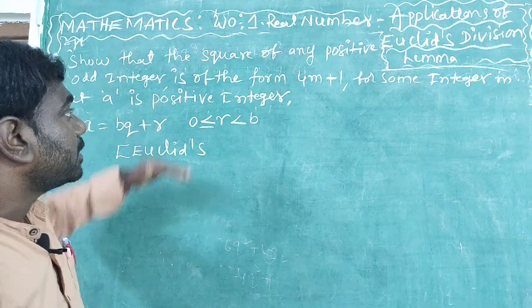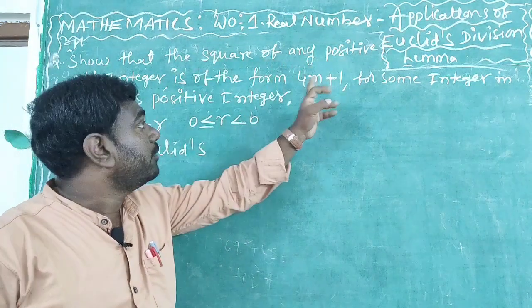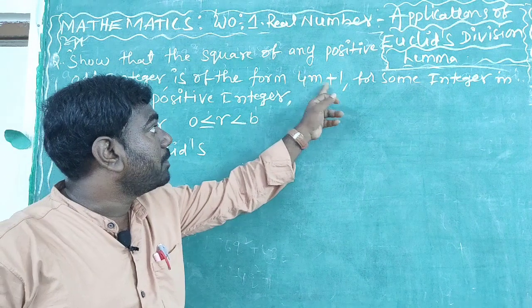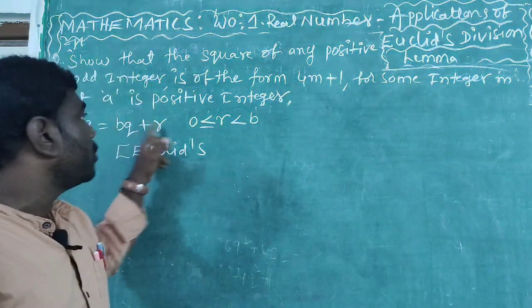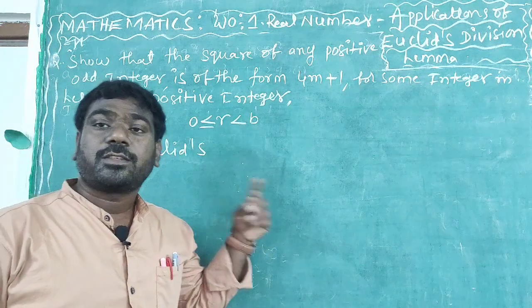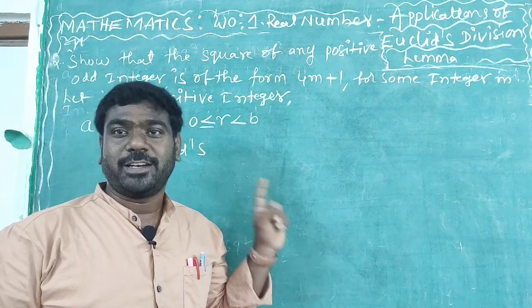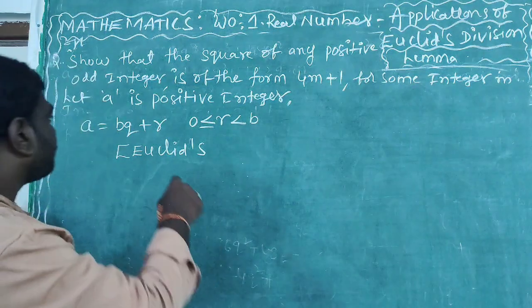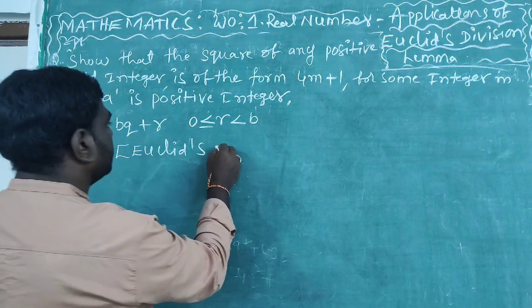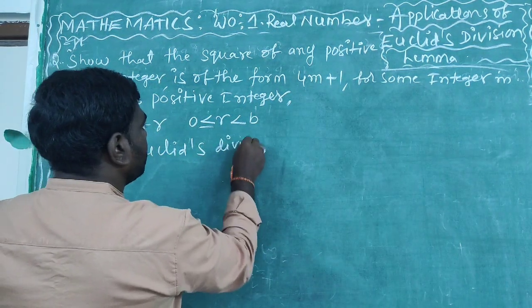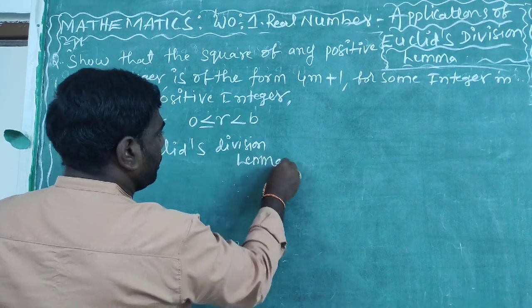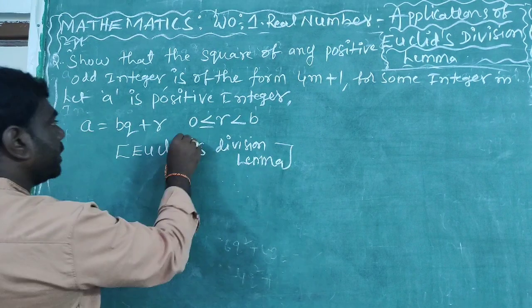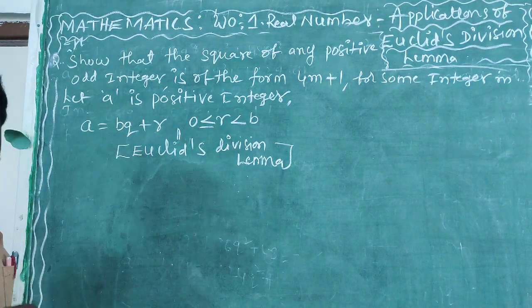Because we are proving something: observe the question, 4m plus 1 is in the form of bq plus r. That's why we are taking the Euclid division lemma. This statement is called the Euclid division lemma.